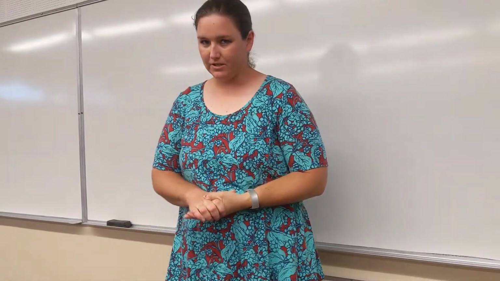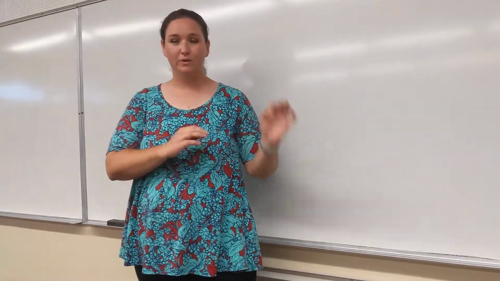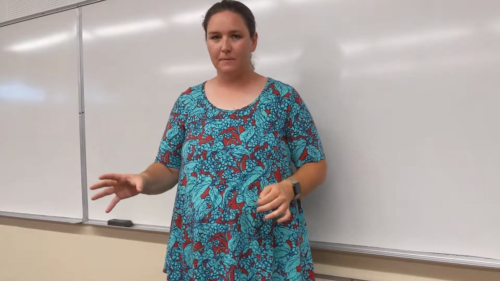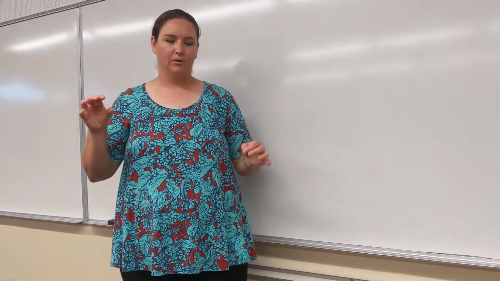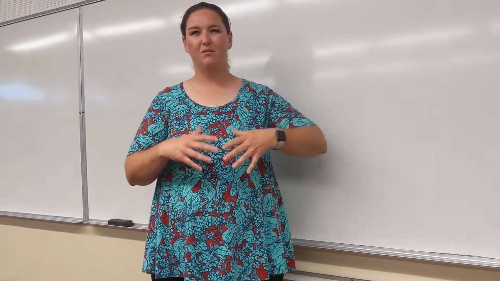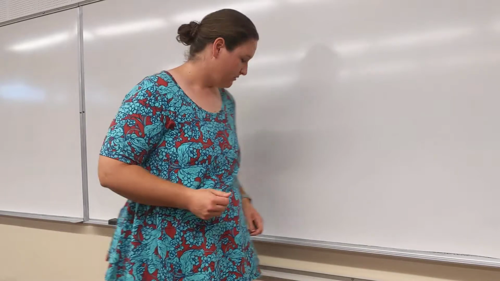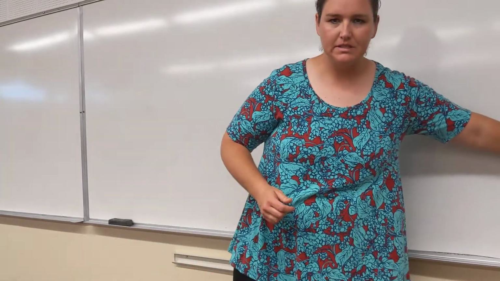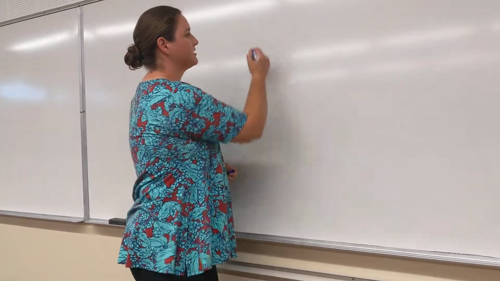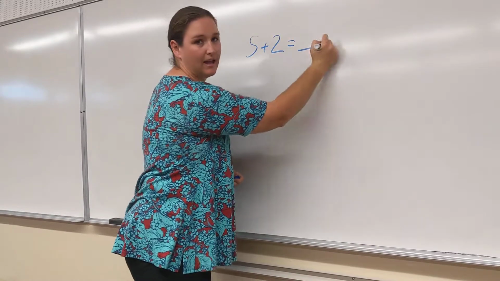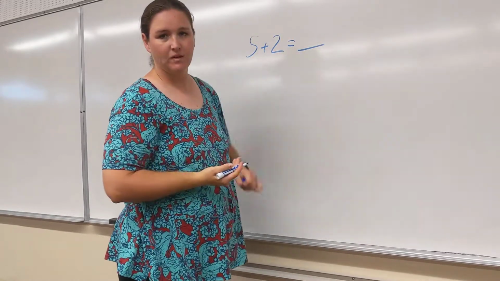All right. The main difference between arithmetic, which mostly you've been working with so far, and algebra is that with algebra, you don't always know where your unknown is going to be, right? So in arithmetic, you get questions like 5 plus 2 equals, and you have to solve it.